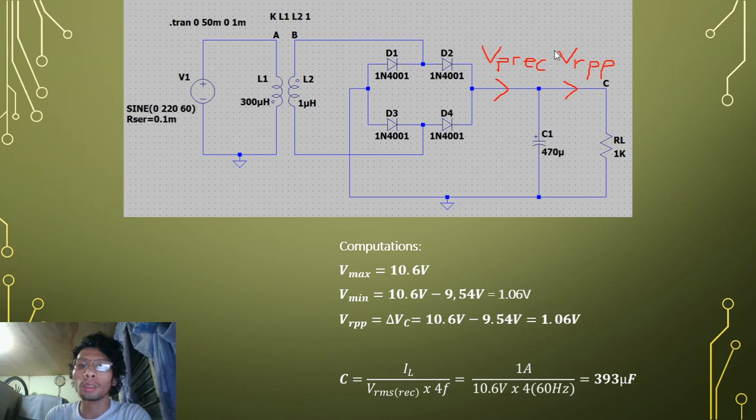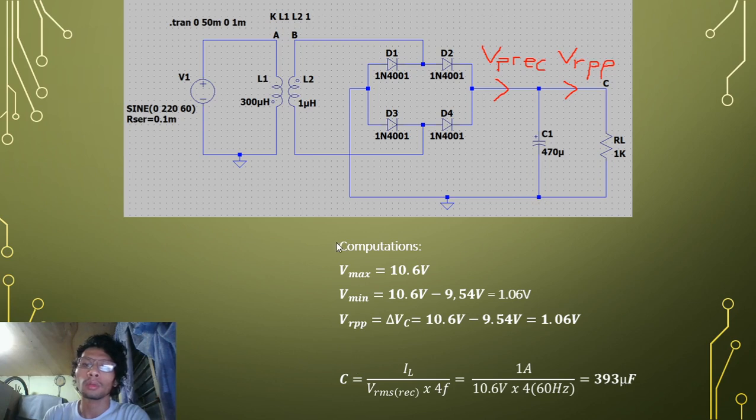Then the V rectified peak to peak is equal to 10.6 minus 9.54 is equal to 1.06. That is the amplitude of the ripples, or the peak to peak ripple created after the filtering.